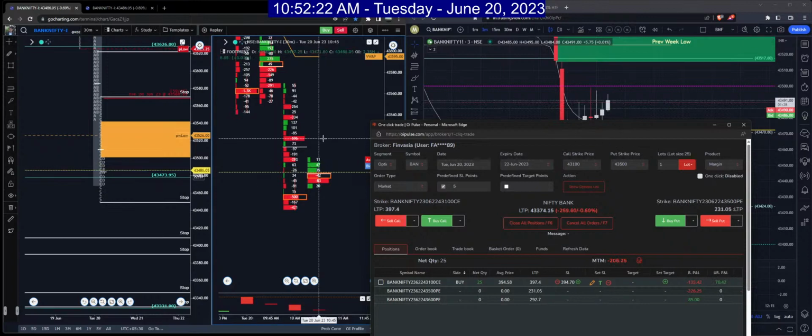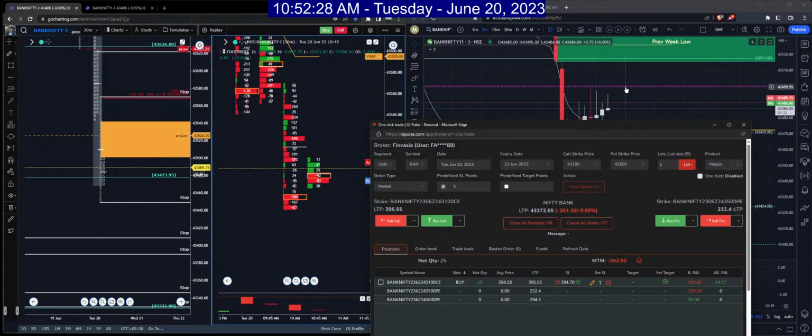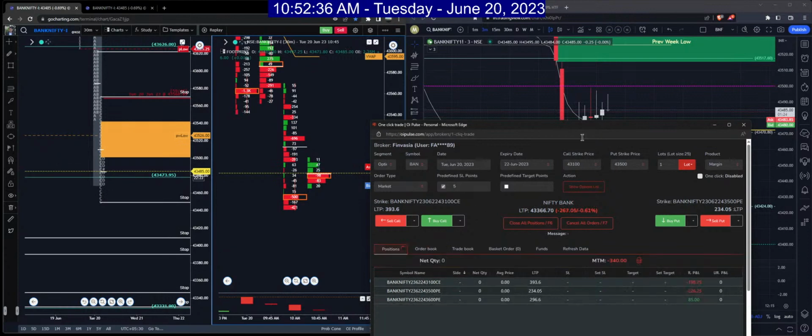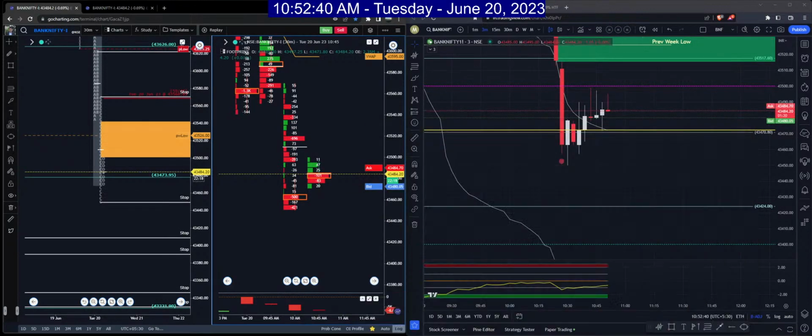So I'm looking for price to move towards break this 43,500 level. Yep, and my SL is hit now. So 388 to 392. Just trailing, and it is telling me that there is supply currently present in the system.